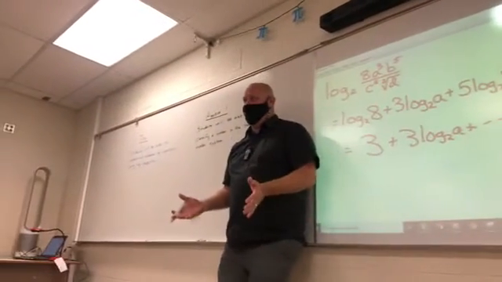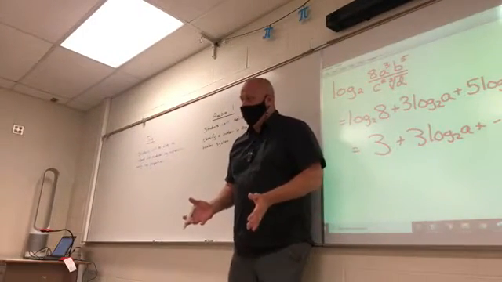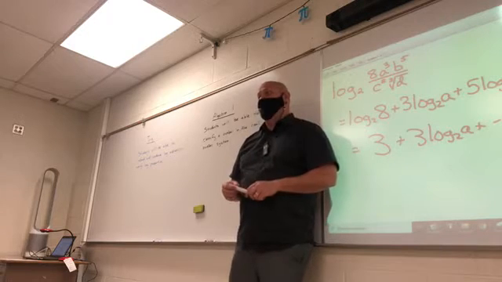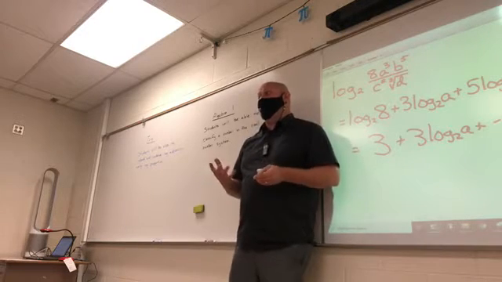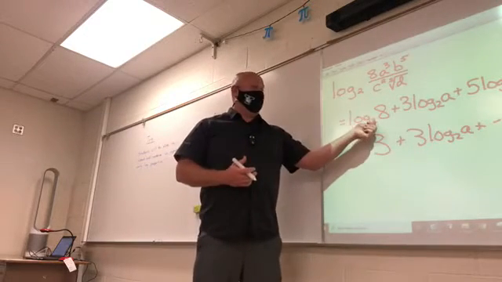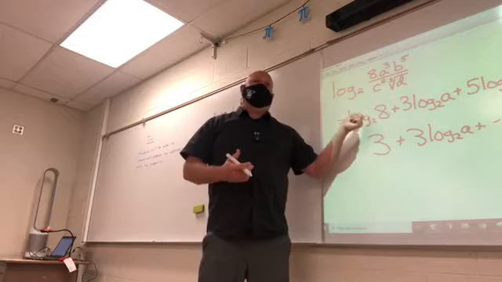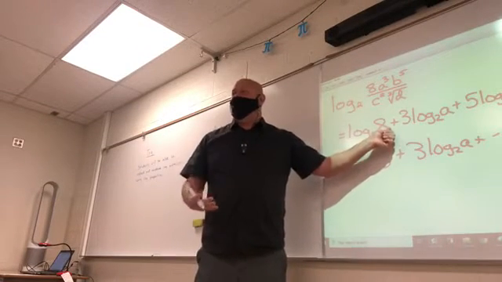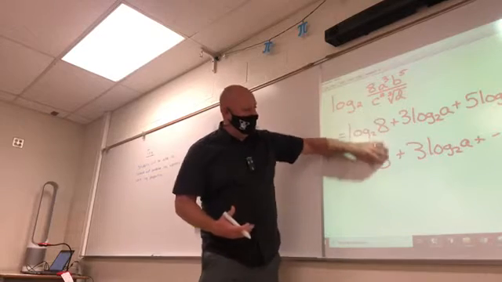Make sense? What's that? Now you're confused. Now I'm confusing you? By simplifying? That should be an easy thing. Sorry. Because that's all it is. Whenever you see a log, just remember, that's all you have to think. Take the base. All this is saying is 2 to what power is equal to 8? Well, I know that answer. The answer is 3. This whole thing just simplifies to 3.